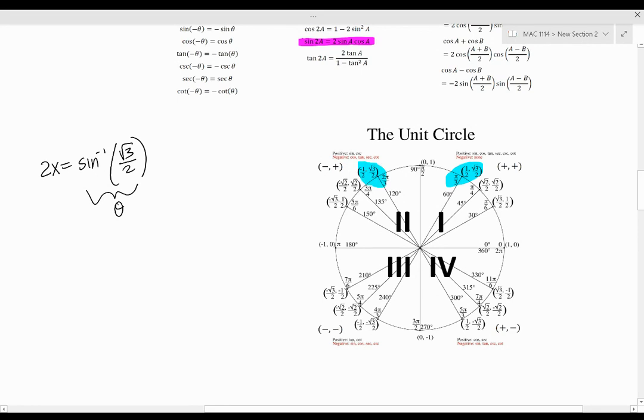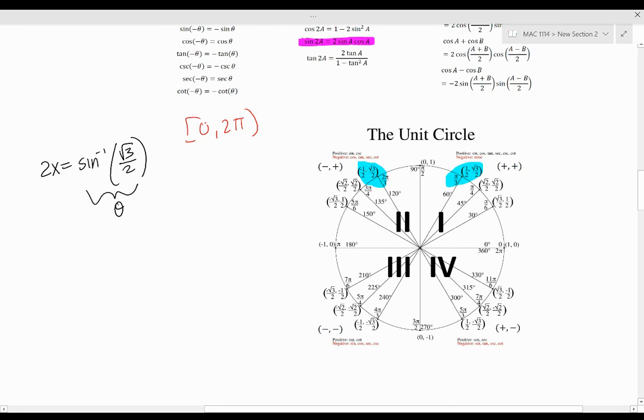So our original instructions gave us this interval from 0 to 2 pi, okay? Let's write that a little better. Now, anytime they give you these intervals, I want you to think about it like this.